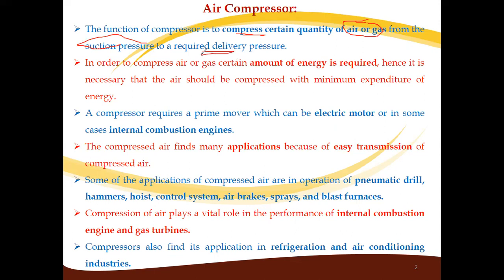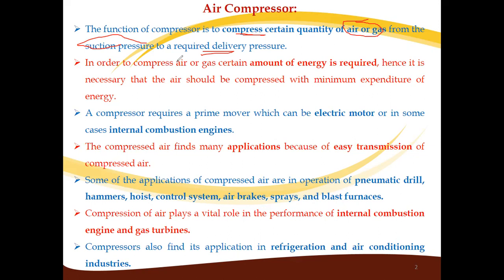For example, a compressor is used to compress the atmospheric pressure, that is 1.0123 bar, to a required pressure, it may be 5 bar, 10 bar. So this is the main function of an air compressor.